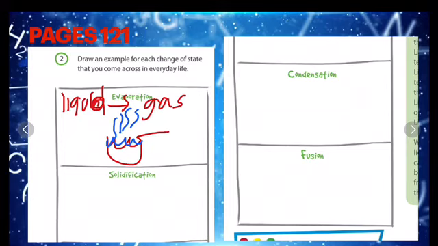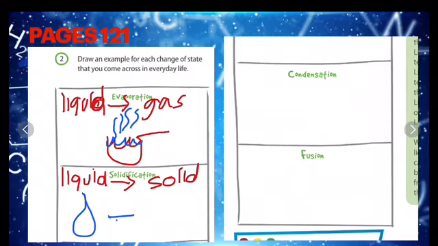Solidification is when liquid changes into solid. So in this case it will be like a drop of water, you change it into an ice cube.